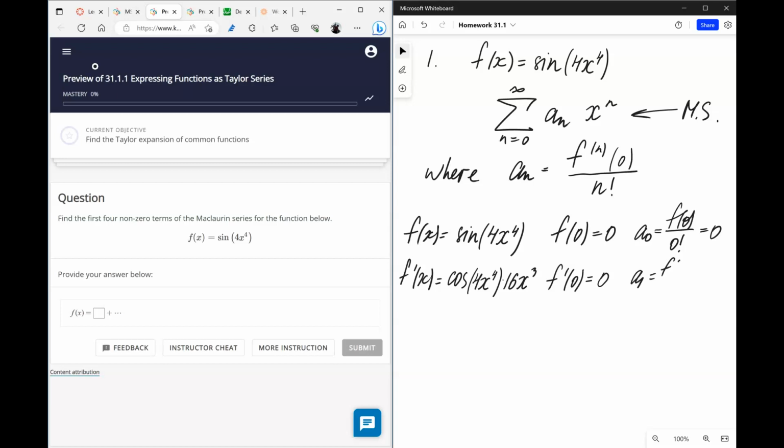So A1 will be zero. I have a feeling that a lot of first terms will be equal to 0 here.